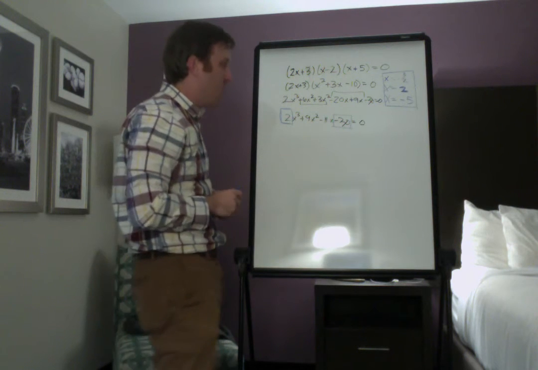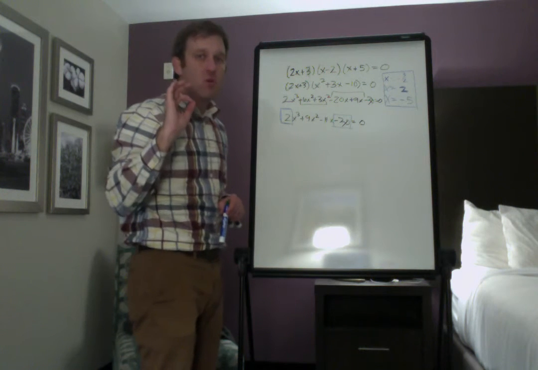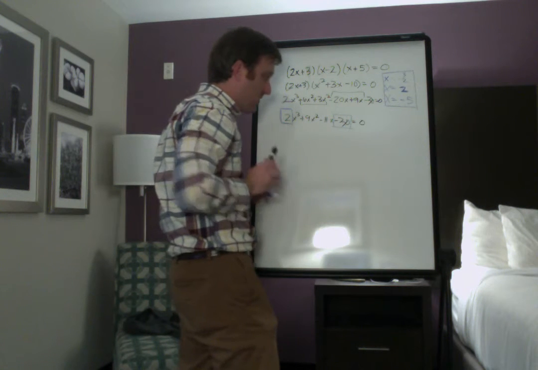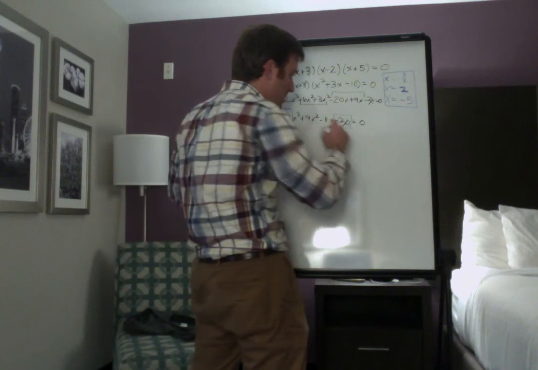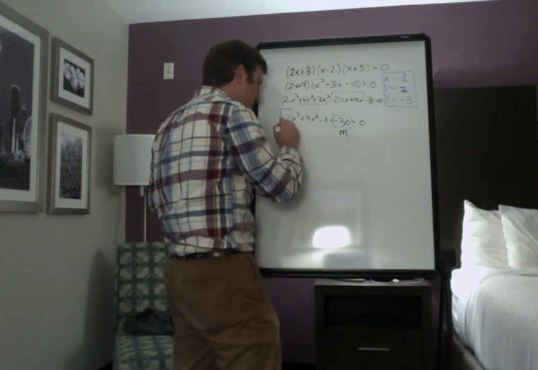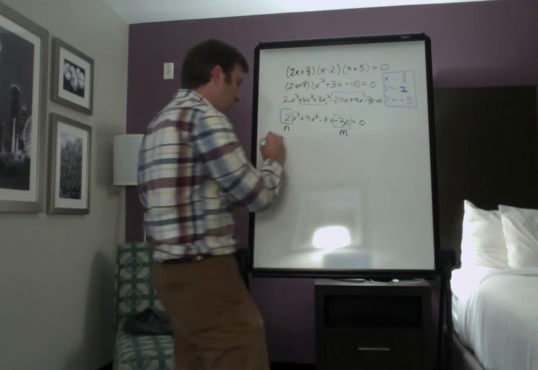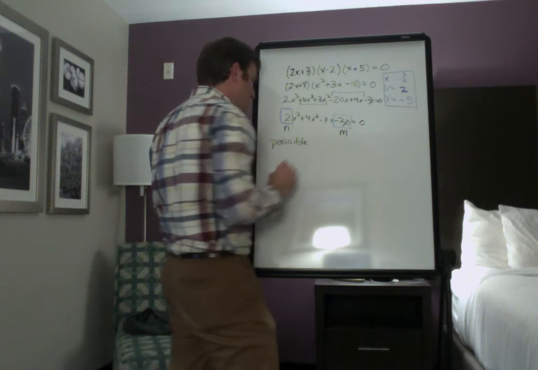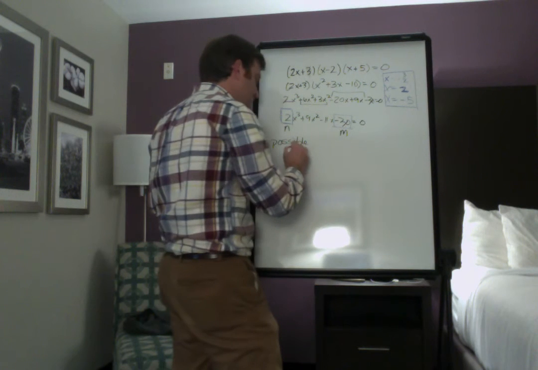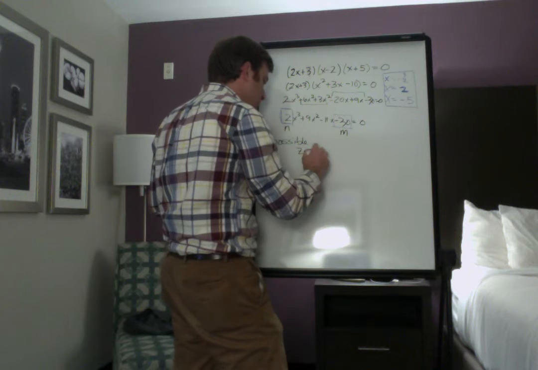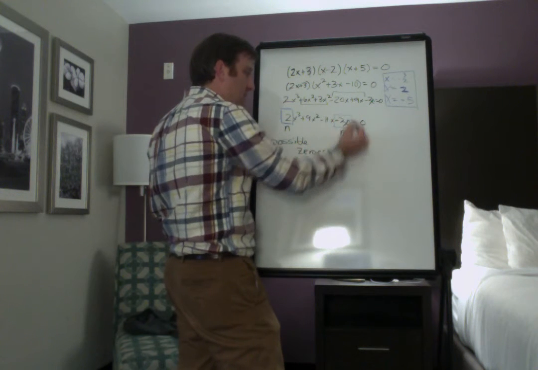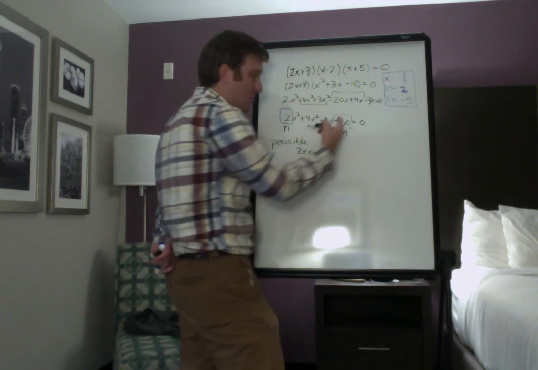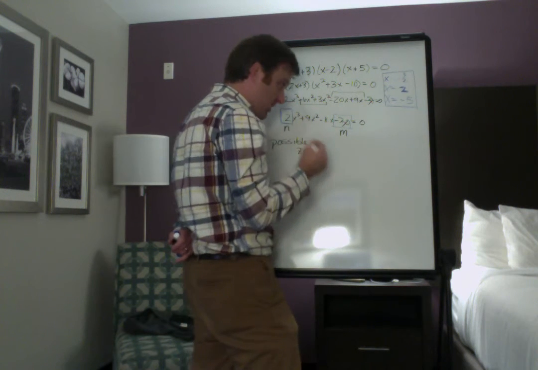So now, if we're looking for possible zeros of this, if we consider this right here to be m, and this to be n, possible zeros are factors of m over factors of n. So we go, well, what are factors of 30?